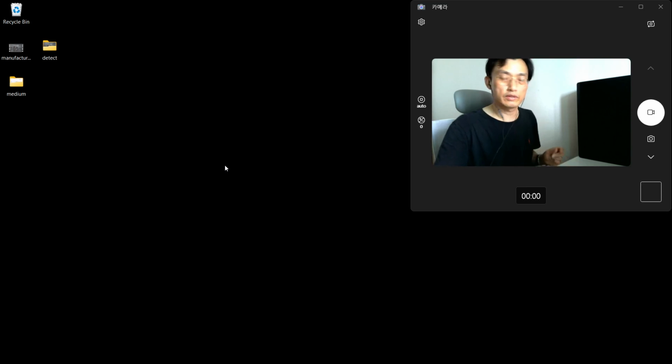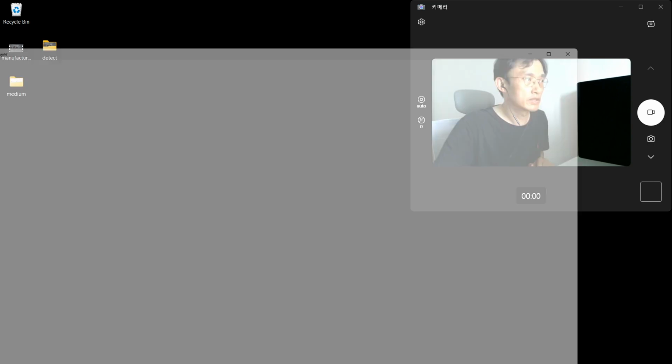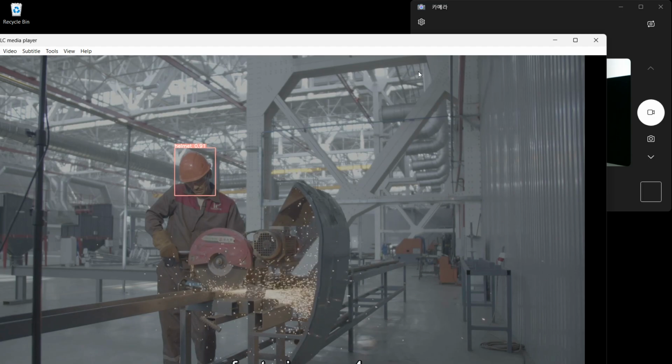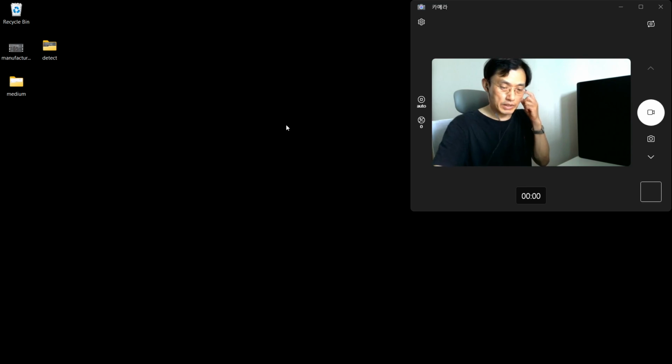I ran the AI model with the input video, and this is the output. It detects the helmet very well, with a confidence of 91% that the person is wearing a helmet. So basically it works.